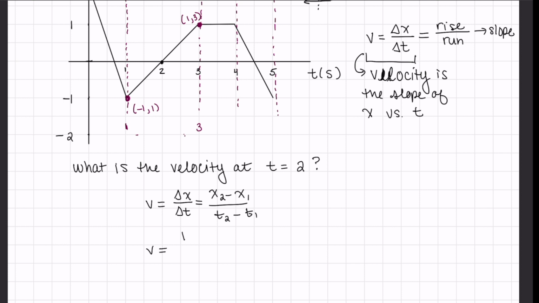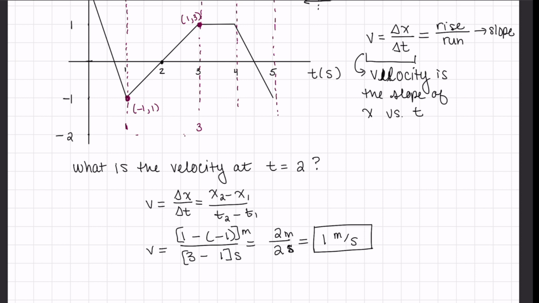So we'll get 1 minus a -1 over 3 minus 1 equals, so that'll end up being 2 over 2, 1, and then of course the units up top should be meters. I'm usually unfortunately lazy about doing that, but those should be meters, and for time it should be seconds, so our units also check out that our slope is 1 meter per second, and therefore our velocity is 1 meter per second.